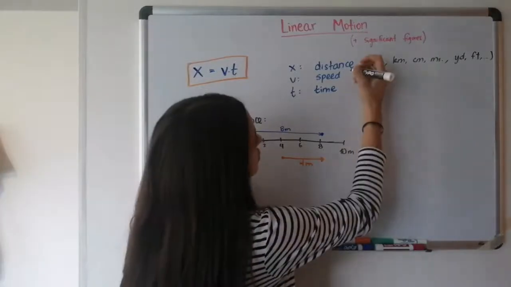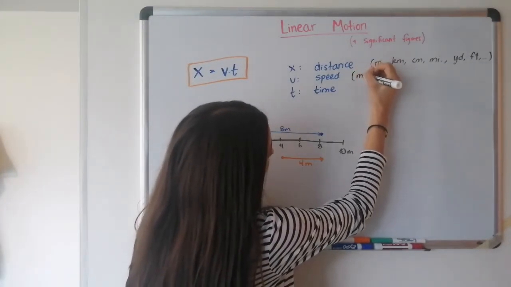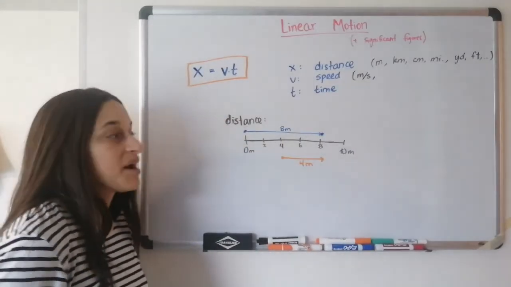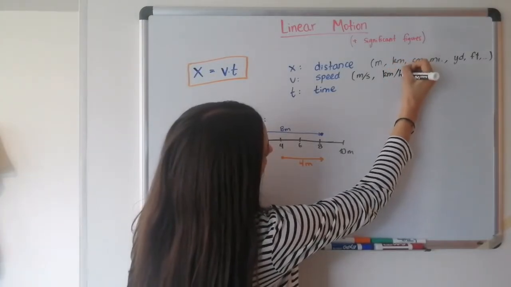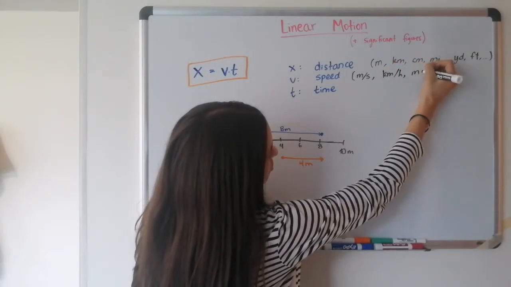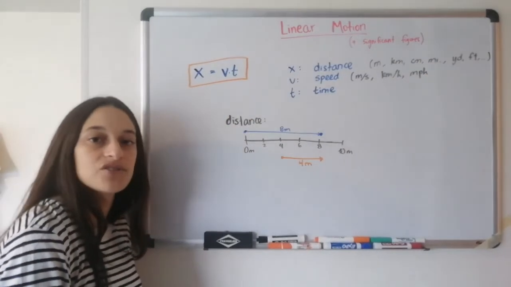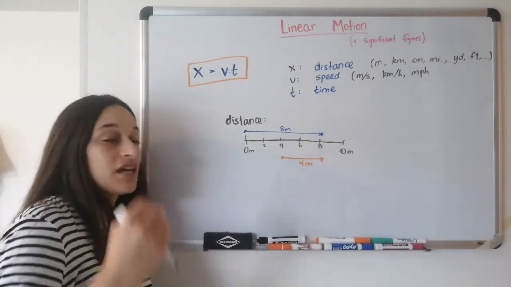For speed, as we saw, the SI unit is meters per second. But we also hear a lot about kilometers per hour. That's what our cars measure speed in. And in the US, they measure in miles per hour, which is written like this, mph. The P stands for per, but just means miles in every hour.